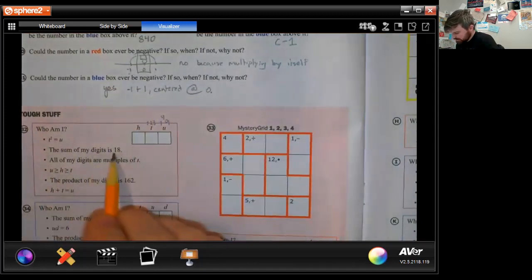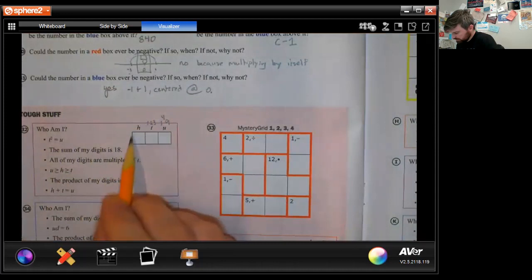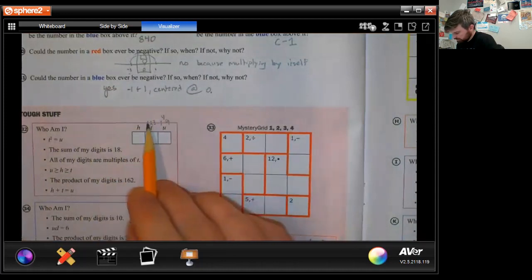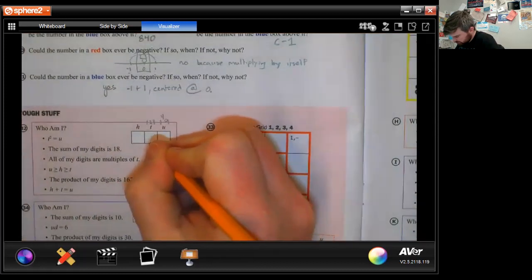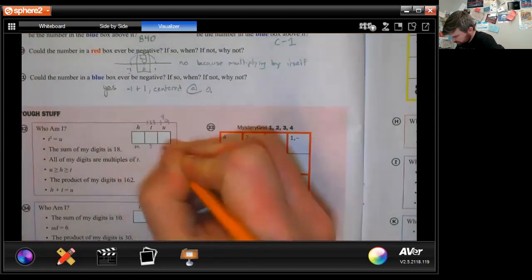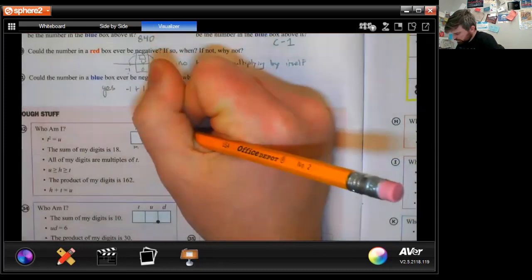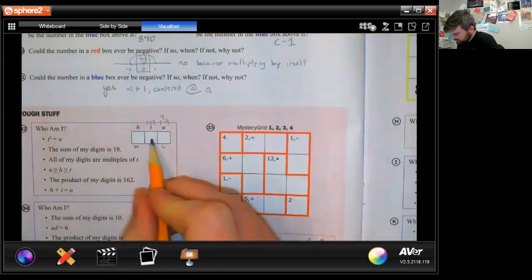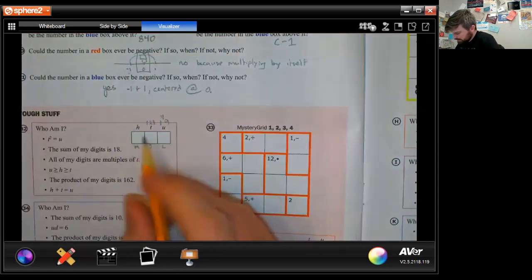So the sum of my digits is 18. So if we do 1 and 1, that would be really big. Or let's see, this was small, medium, large. Okay, so 1, and then this could be 4, but that would still have to be 14.